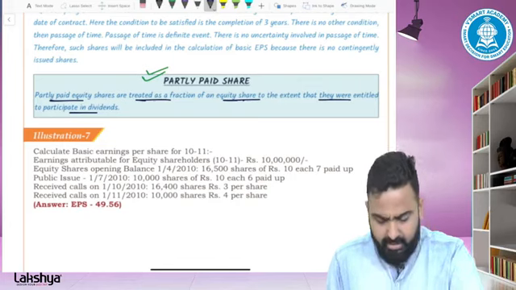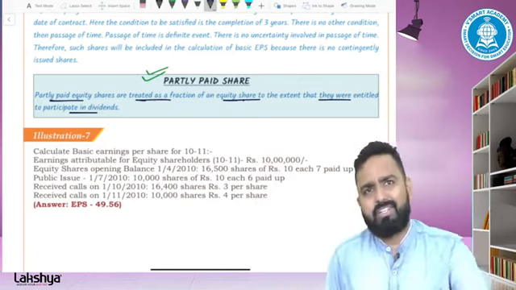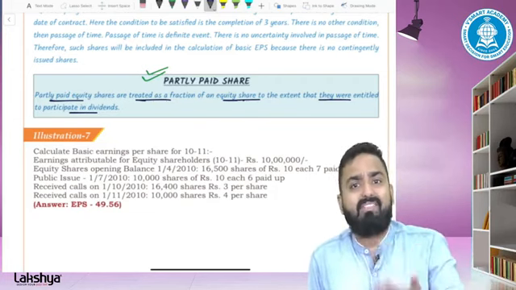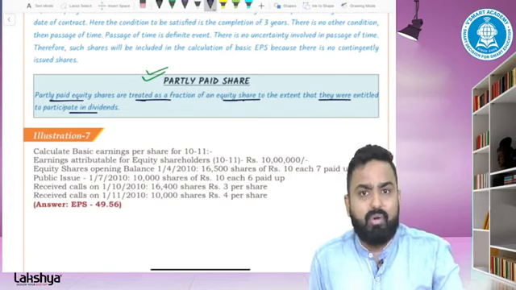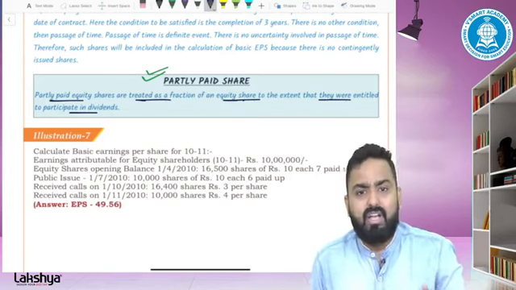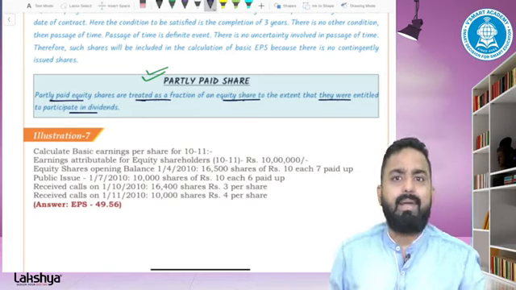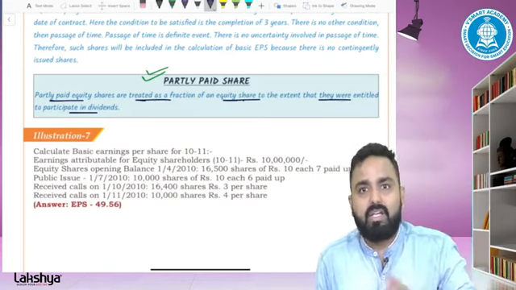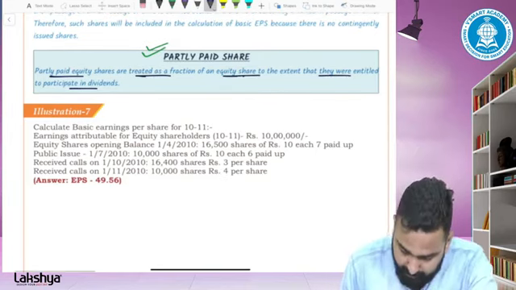Let me give you one example. While calculating weighted average outstanding shares, how to deal with the partly paid shares? And suppose the partly paid shares are also entitled to the earnings, then how to deal with that? Okay.